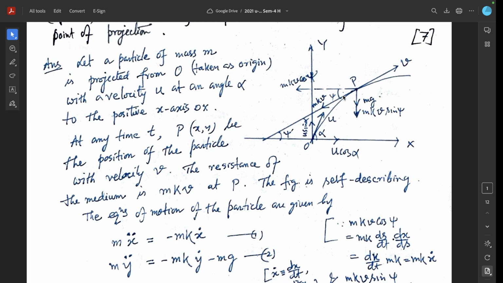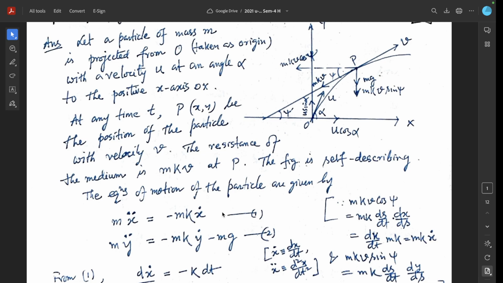This angle is psi, the tangent with the x-axis. So this component is mkv cos psi, and mkv sin psi in the downward direction.